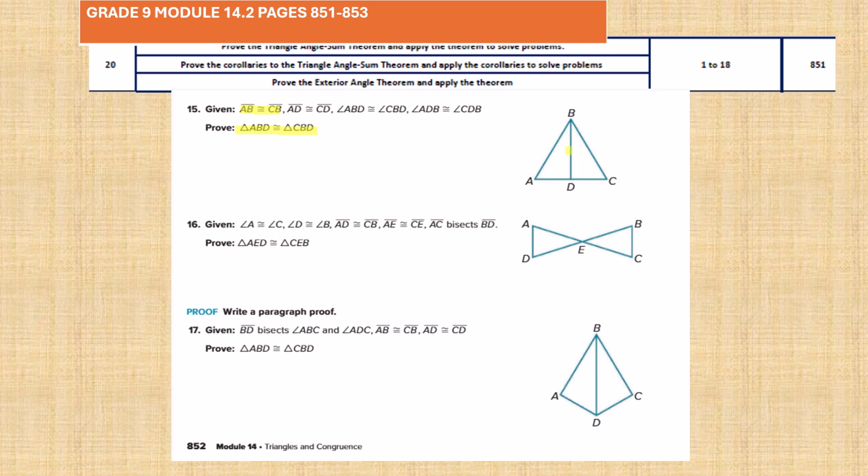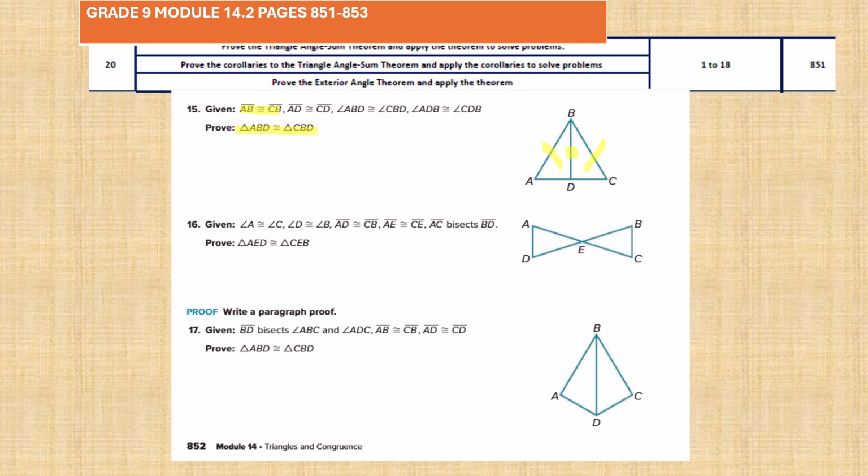Remember that this is common. So that is one of your reasons, right? And when they tell you that sides are equal, mark it off. They are saying AB is congruent to CB. So you use your markers to indicate it in the diagram. So you already have two reasons why this could be congruent.